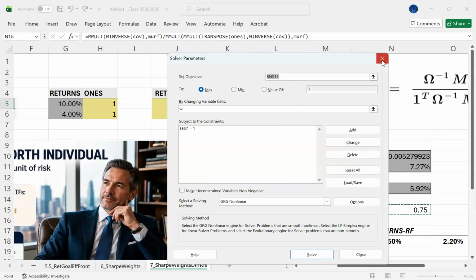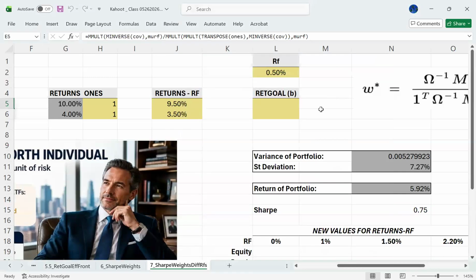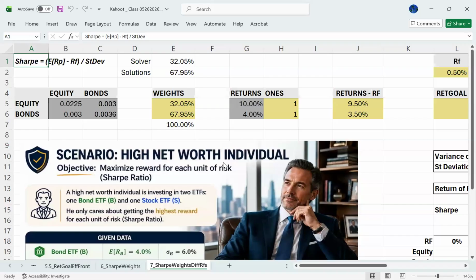But if you're programming in Excel, or I mean, I'm calling it programming, but it would be like typing some formulas in Excel to evaluate an array of solutions, then the matrix form allows us to do this much more effectively.